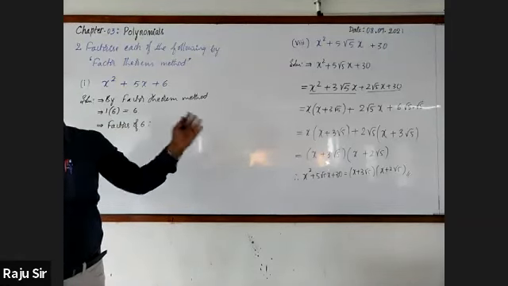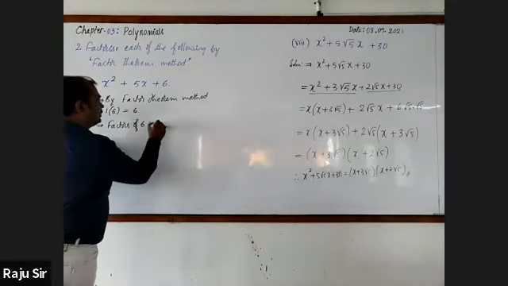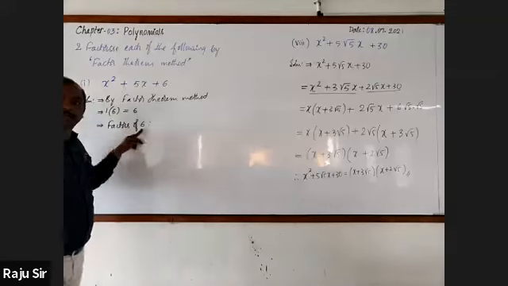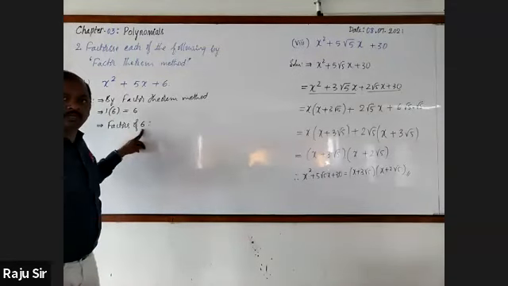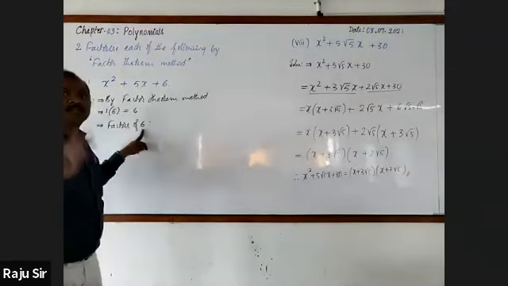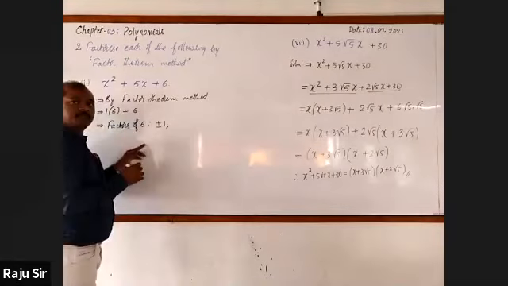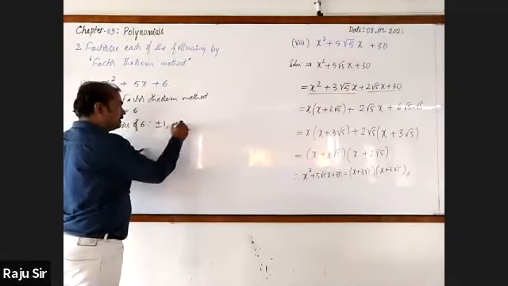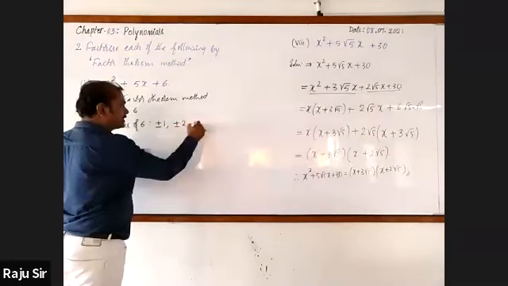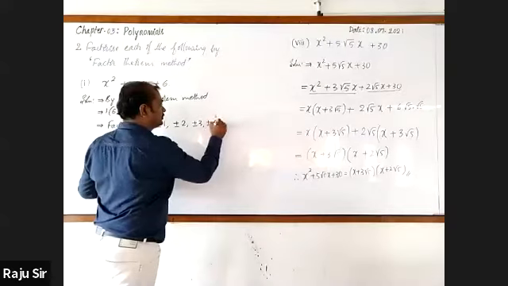We must write all those. 1, 2, 3, 6. The possible factors of 6 are plus or minus 1, plus or minus 2, plus or minus 3, plus or minus 6. Why should we write plus or minus, sir?